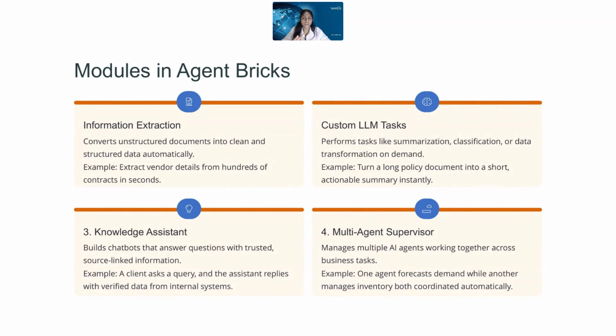So let's say we have a manufacturing unit where we deal with hundreds of vendors and a lot of contracts. Using the information extractor, we can extract the exact vendor details we did business with for the last 1 year. So this is the power of the information extractor.